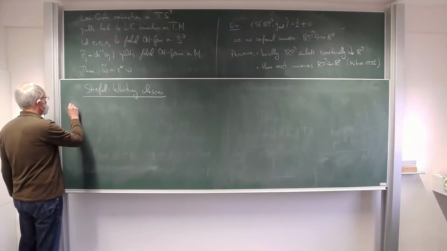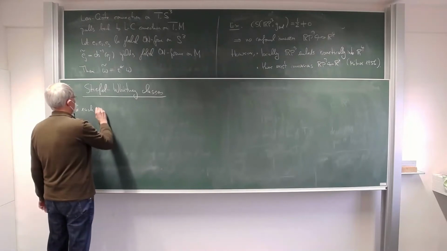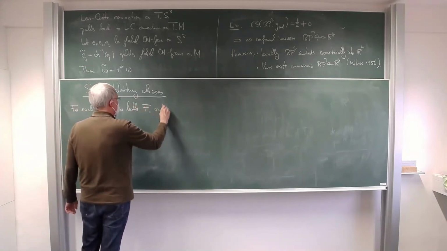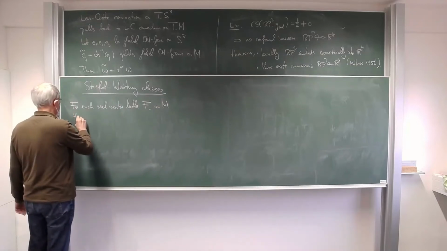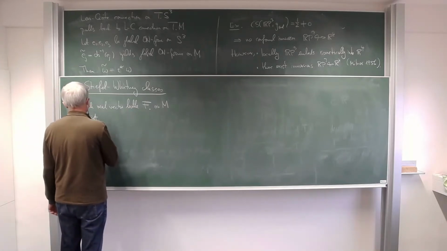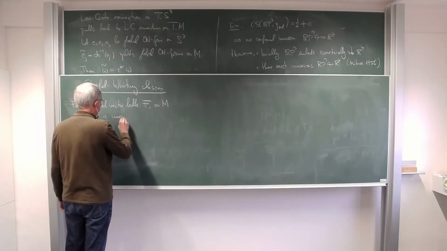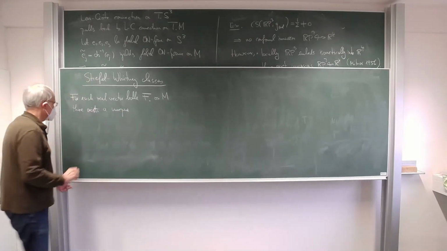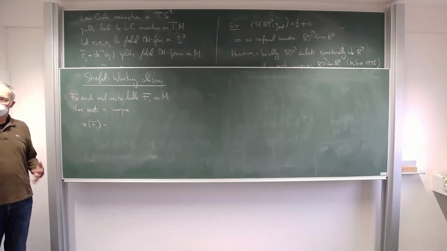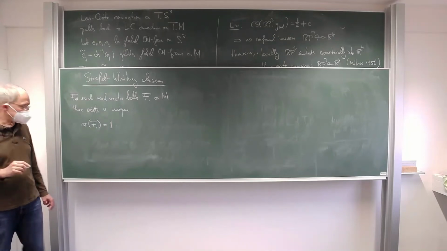I claim that for each real vector bundle F on a manifold M, there exists a unique cohomology class called the Stiefel-Whitney class, w of F, which is a mixed cohomology class like the Chern class or the Pontryagin class, and we will see its theory is very analogous to Chern classes.